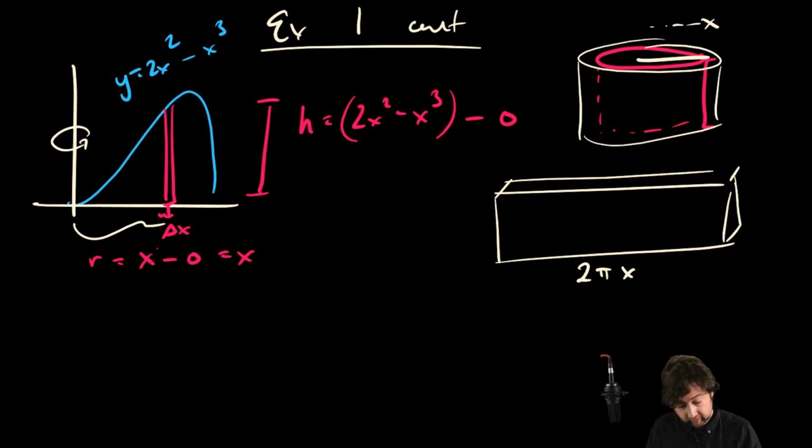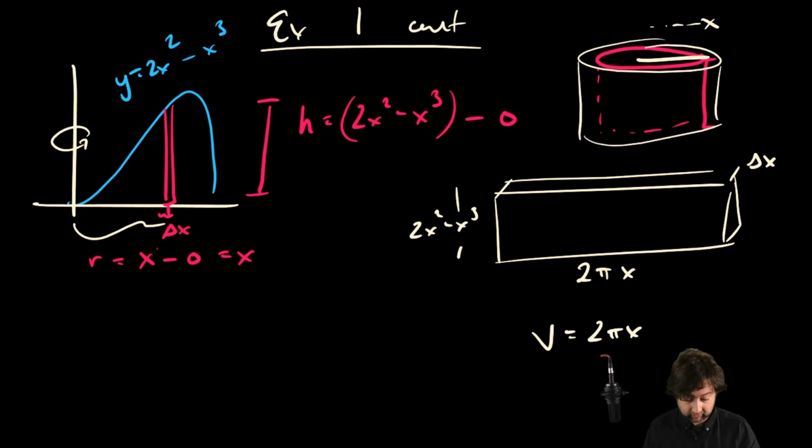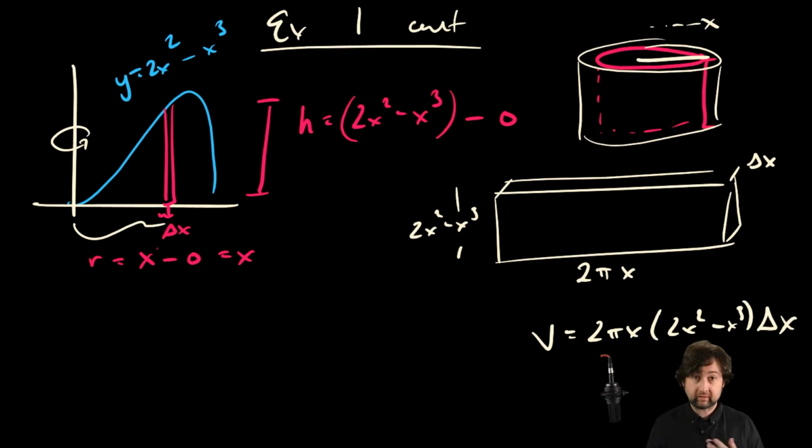The height of it is equal to 2x squared minus x to the third, and its depth is delta x. And so the volume of a shell here, V, is equal to 2 pi x, 2x squared minus x to the third, delta x.